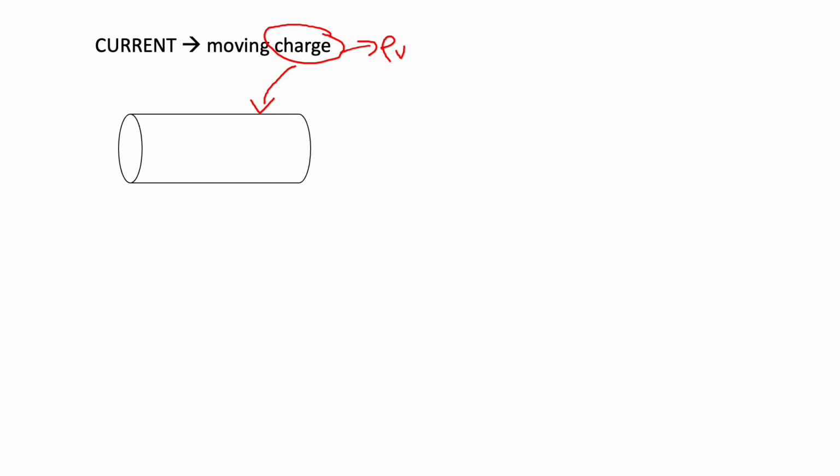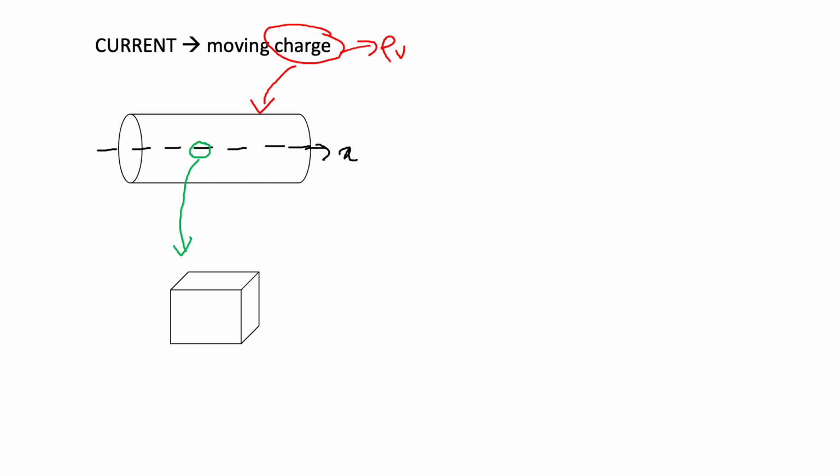Let's assume that this structure is on the x-axis. To analyze current in this kind of structure, we take a sample from this structure, and I assume that my sample is in this shape.